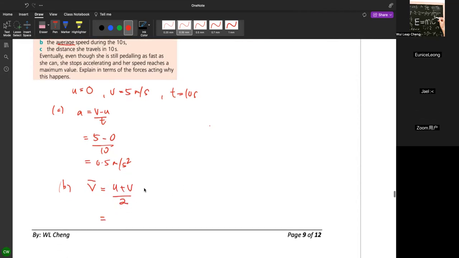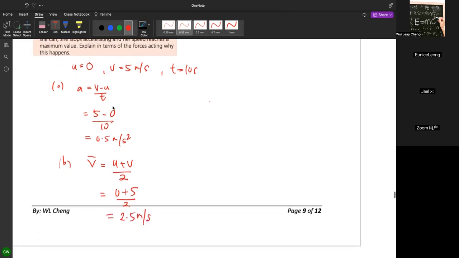So what is the initial speed? 0. The final speed is 5. So 0 plus 5 divided by 2, it is 2.5 meter per second. So this is the average speed.